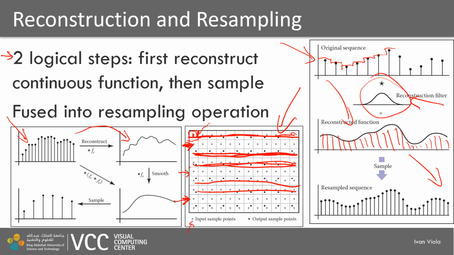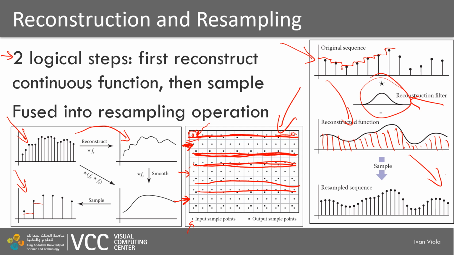After we perform the continuous reconstruction, based on the representation of our samples, in our case here, these samples are much farther away from each other than the input samples, so we need to band limit our reconstructed continuous function so that the maximal detail can be captured.